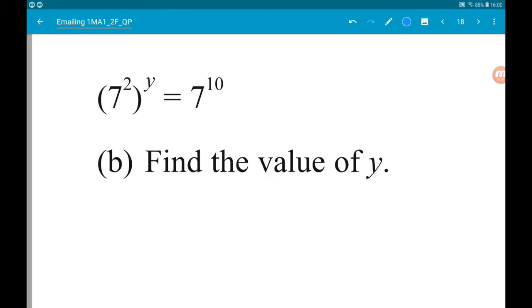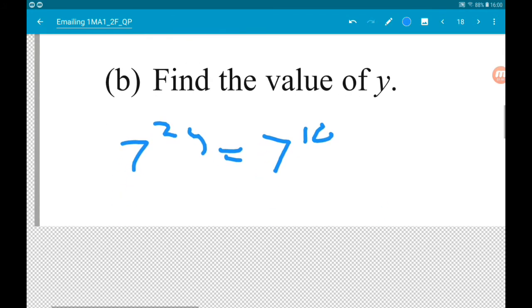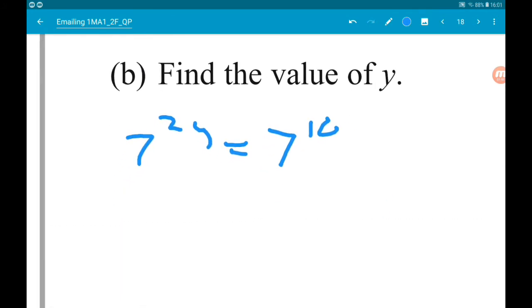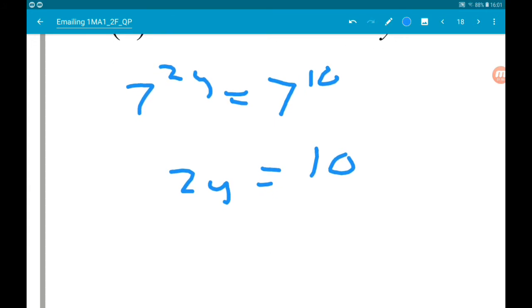So 7 squared to the power of y is 7 to the 2y. Now that is equal to 7 to the 10. Again then, the powers have to be the same, so 2y equals 10, so y is equal to 5.